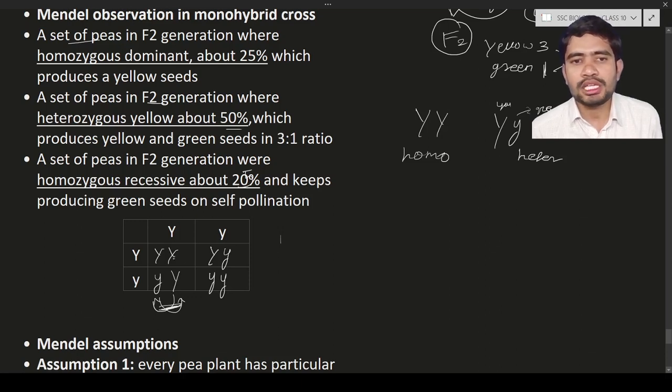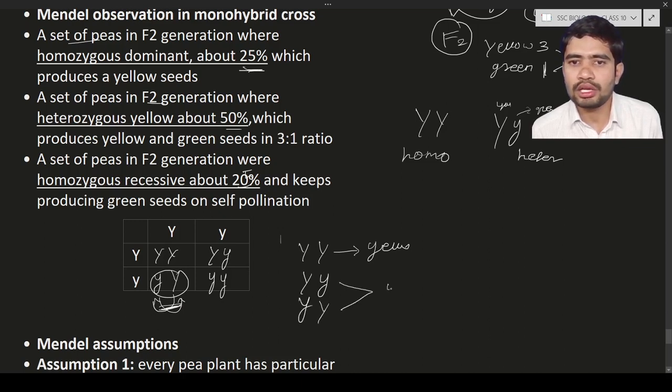Here, they are saying that 25 percent produce yellow seeds. If the capital Y is present, it will be yellow. Why? Both are dominant, so the capitals will be expressed and the seed will be yellow. Next, capital Y small y, and small y capital Y, both are yellow only. Why?